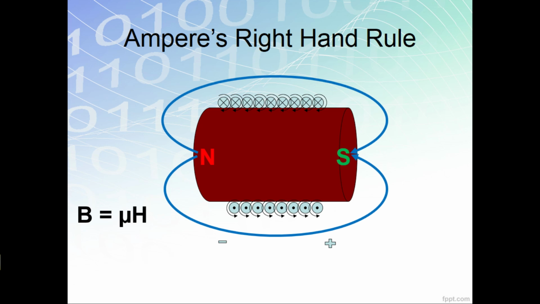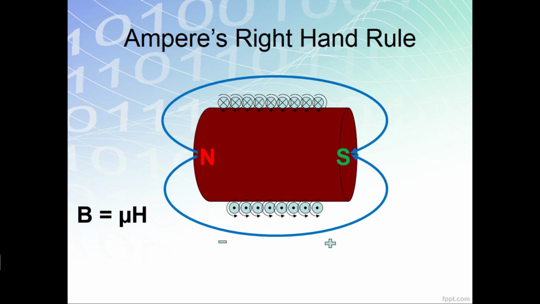The magnetic field B is the product of the permeability of the material and the magnetizing force. The permeability of the material is a measure of how the material conducts or allows the passage of the magnetic field. In this case, a ferromagnetic material has high permeability.